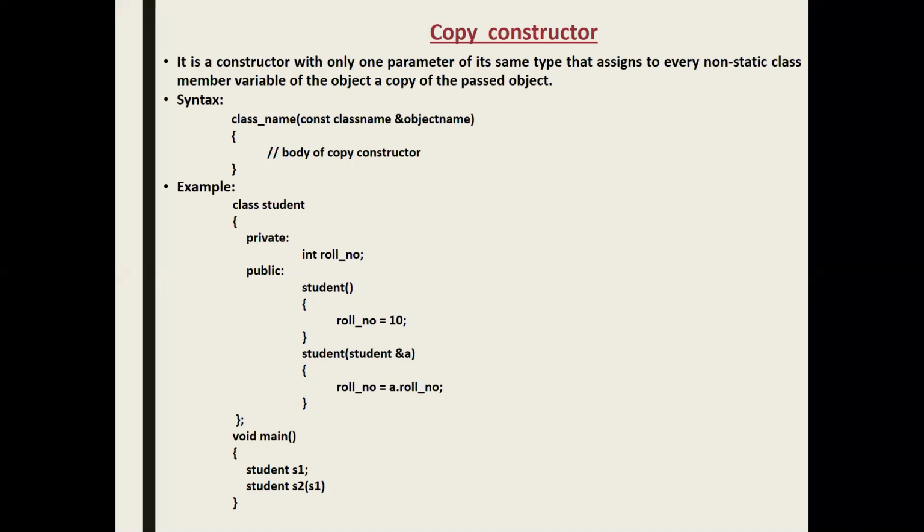Next, a very important thing is the copy constructor. This concept has been used in operator overloading also. So you can understand in detail, so that in operator overloading also it is important, and it will be simple for you at that time. So class student, private, and then roll number. See here, this is said to be the default constructor, and this is said to be your parameterized constructor.